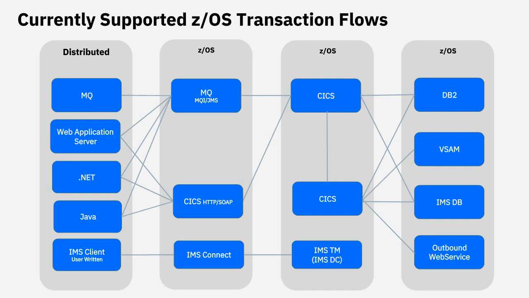So you won't see it on this chart, but coming at the end of this year will be some additional IMS support with IMS TMRA. And then we've got some really exciting support coming in the beginning of next year for IBM's z/OS Connect.